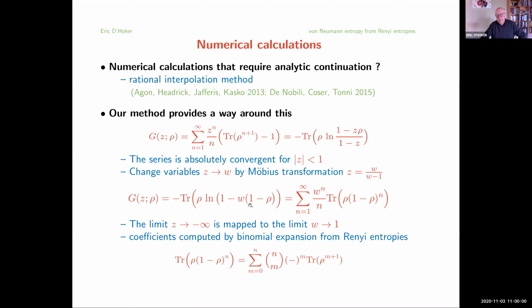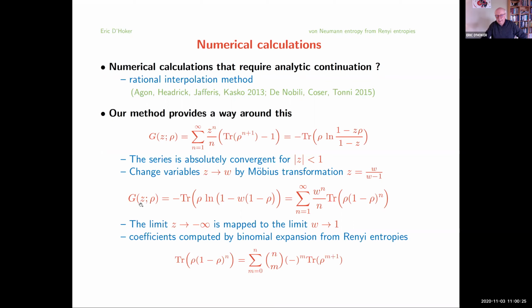Now, this expression you need when Z goes to minus infinity. That actually means that W goes to 1 from below. W going to 1 is something that is accessible here at the boundary of its radius of convergence.